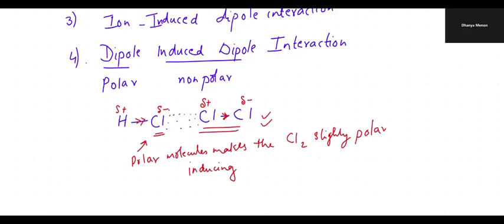So under the influence of the polar molecule, the non-polar molecule is becoming polar, and then there will be forces of attraction between the polar and the non-polar molecule. Okay. So this is called dipole-induced dipole interaction. So non-polar can be chlorine molecule, hydrogen, oxygen, nitrogen. All these are non-polar. Okay, I hope it is clear till now.